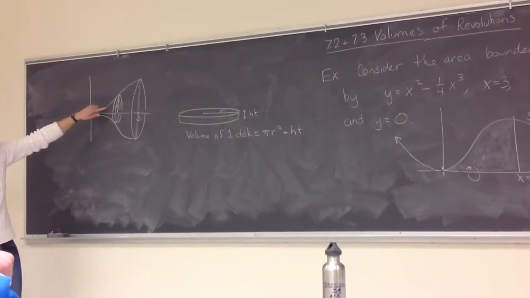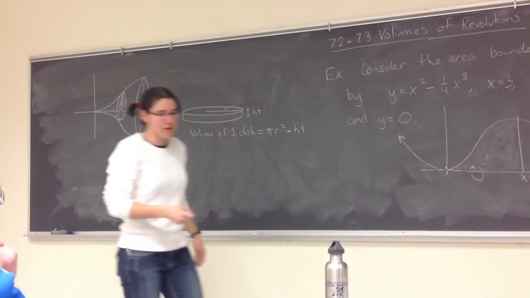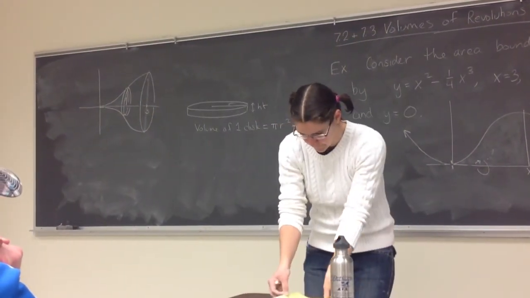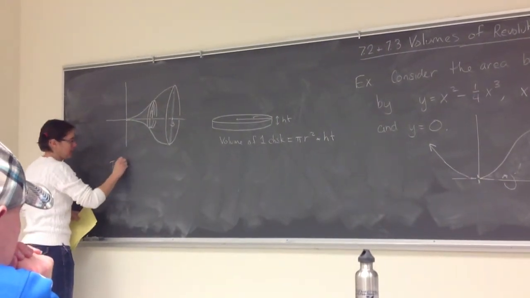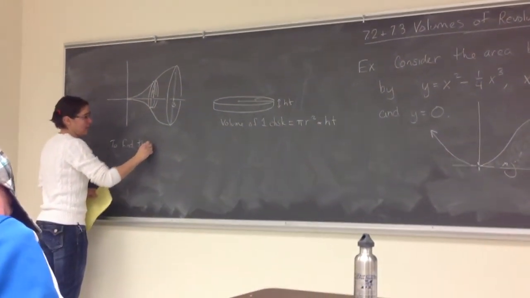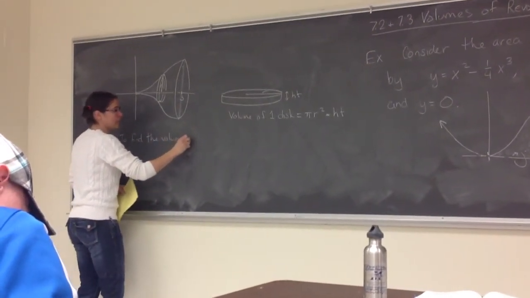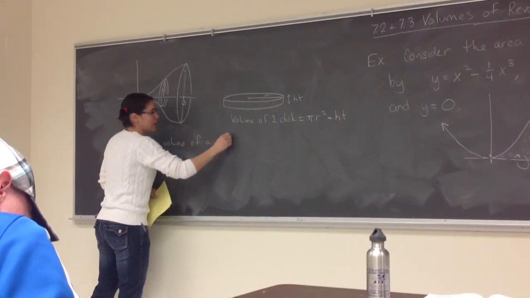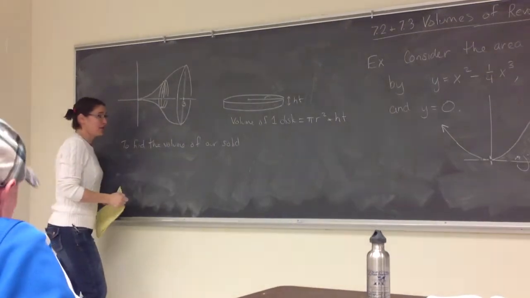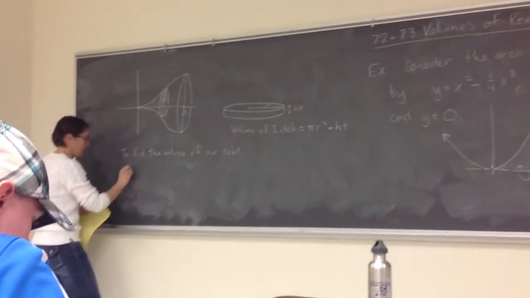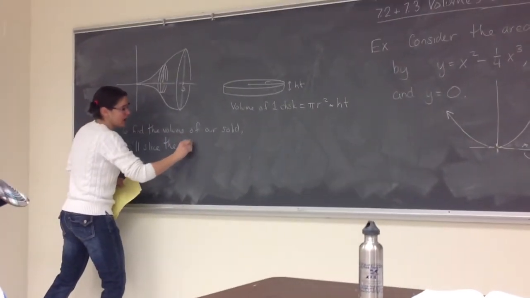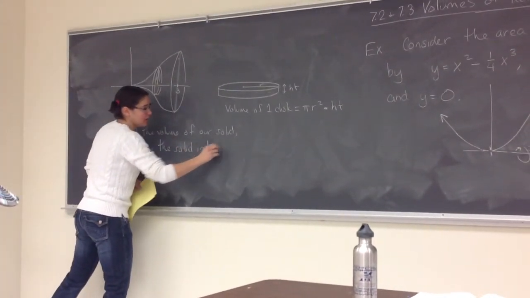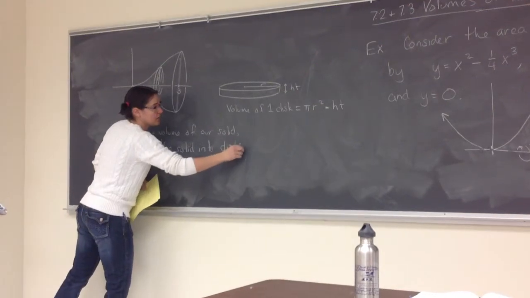Okay, so the volume of one disc, if I look back at my picture right here, then what we're going to do is to find the volume of our solid Hershey Kiss. We'll slice the solid into discs.